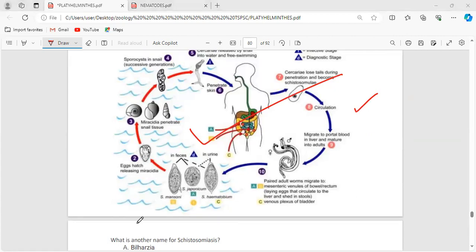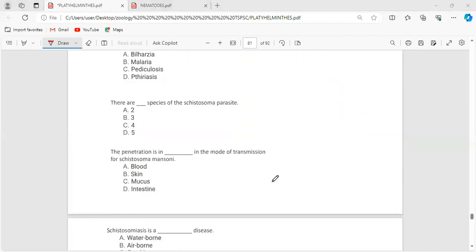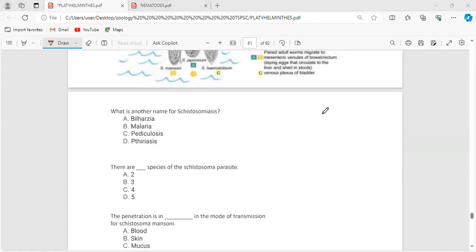If you have any doubt, you can ask me now. Or shall we solve the question? If you have no doubts, answer this question. What is the other name for schistosomiasis?